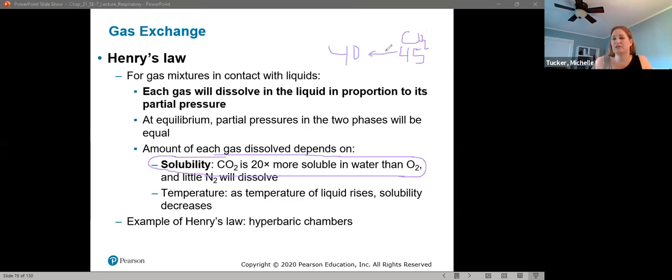That's really not much of a gradient. There's not much of a push from the partial pressure. But carbon dioxide diffuses just fine because it is so much more soluble. So for both oxygen and carbon dioxide, you'll need to understand which factor is more important. Is it the partial pressure difference or the solubility difference?